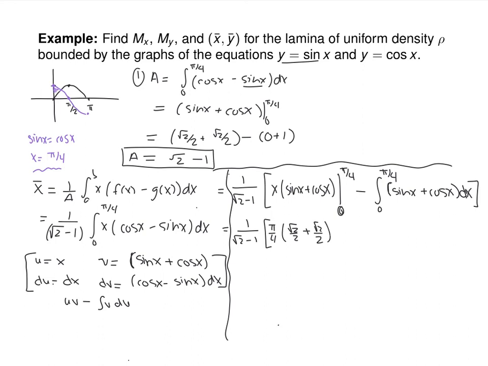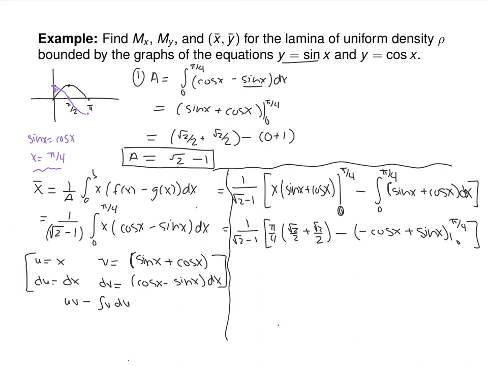Plugging in 0 will yield 0 because of the x coefficient. Minus, now let's anti-differentiate. Sine's antiderivative is negative cosine. Cosine's antiderivative is sine. From 0 to pi quarters.